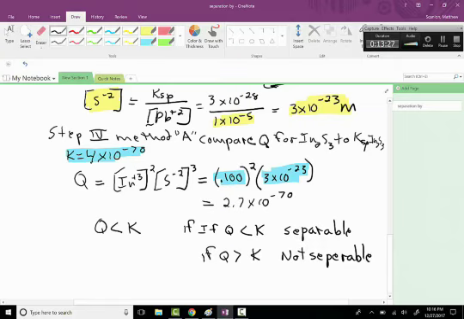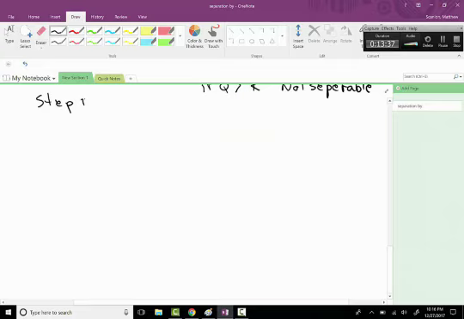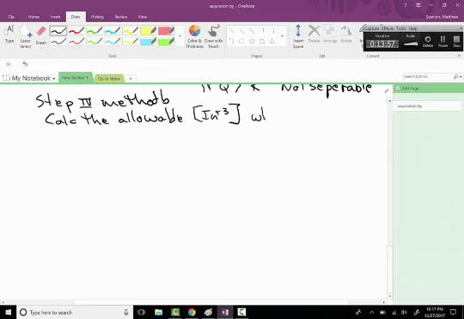Okay, we'll do step 4, method B. I'm going to calculate the allowable concentration of indium plus 3 when all the lead is gone. And if you remember, that is a concentration of sulfide equal 3 times 10 to the minus 23rd.